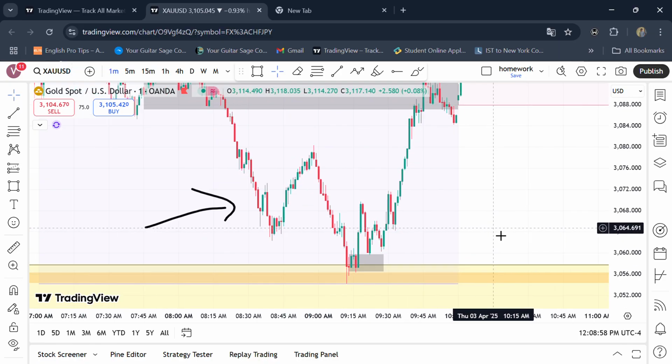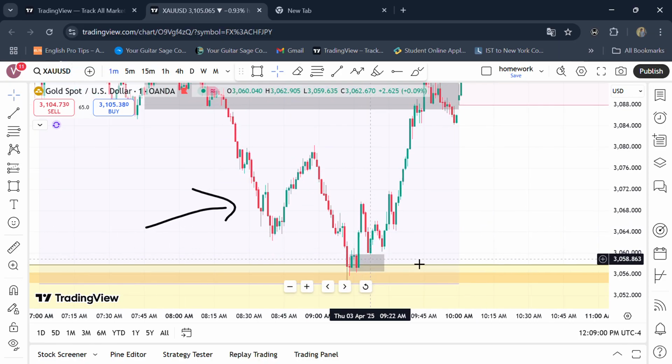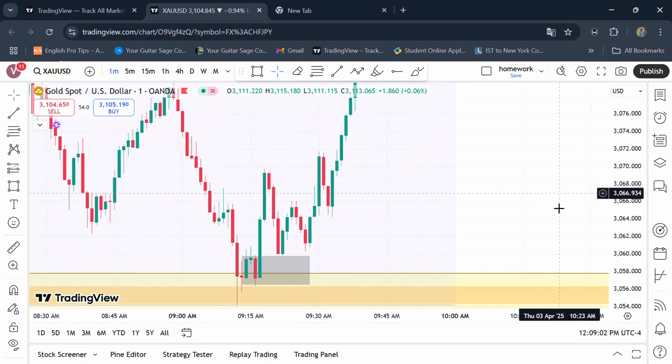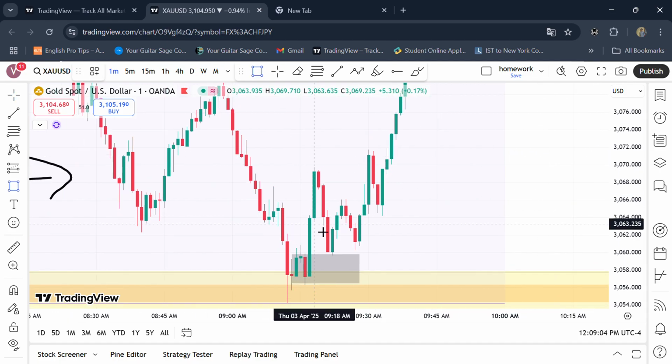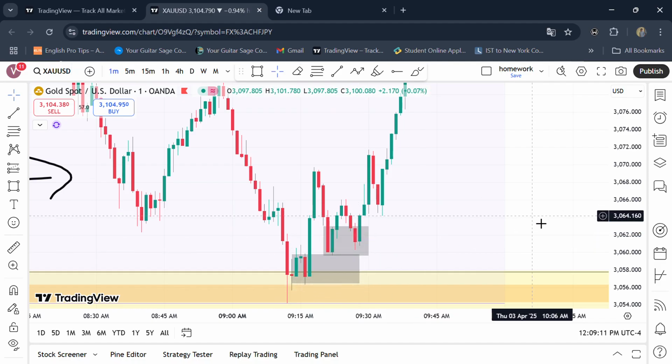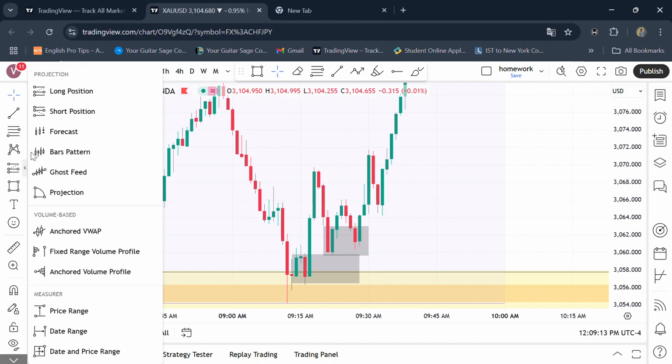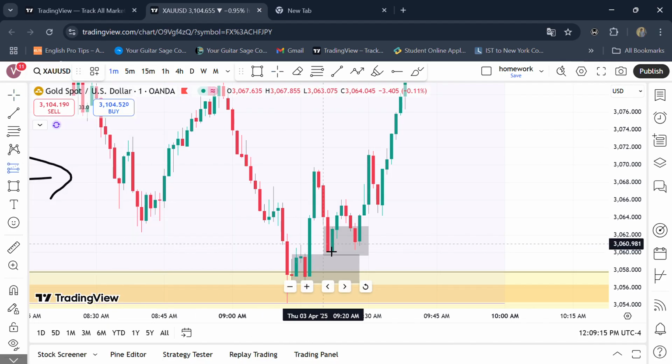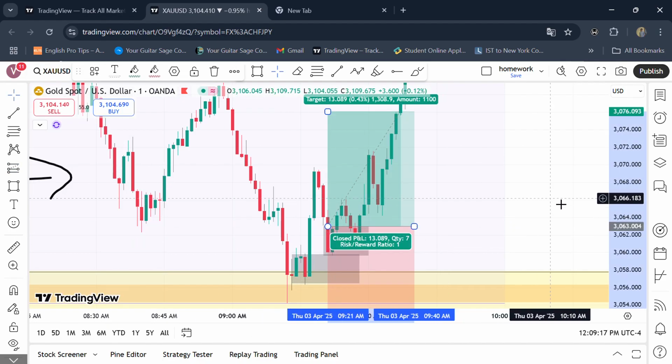So price started taking support from there also. If that wasn't enough for you, it created one more order block and took exact support from here. So this is where I entered. I'll show you. This was the place where I entered.